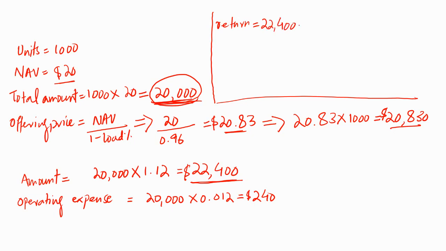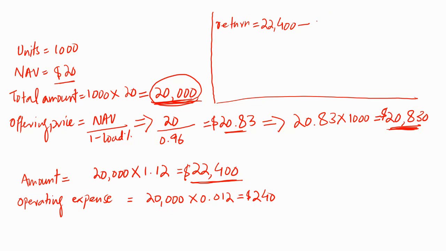So 22,400 minus. Now we cannot write 20,000 here because we are finding the return for the investor. From the investor, this is the amount that was taken away from his pocket.